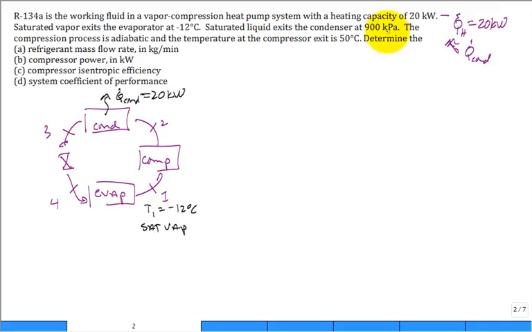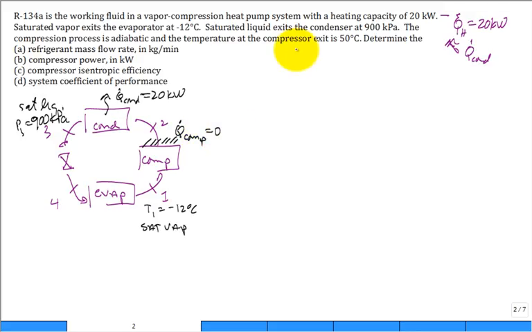Saturated liquid exits the condenser, so saturated liquid at state 3 at a pressure of 900 kilopascal. The compression process is adiabatic, so you might want to emphasize that Q dot down here for the compressor is equal to 0.